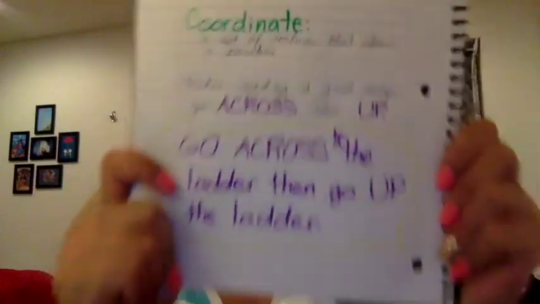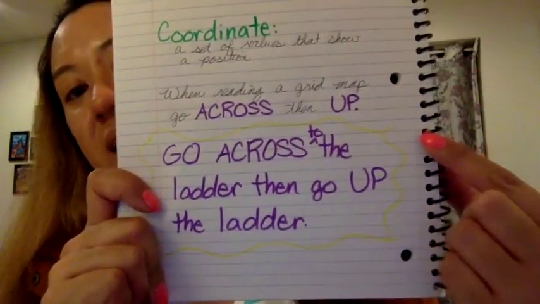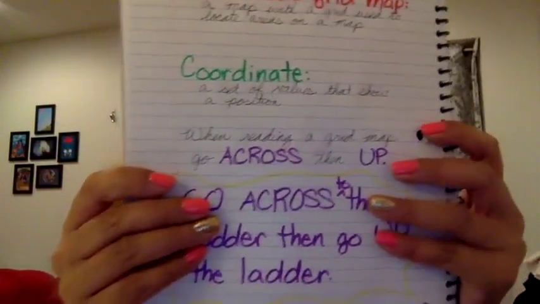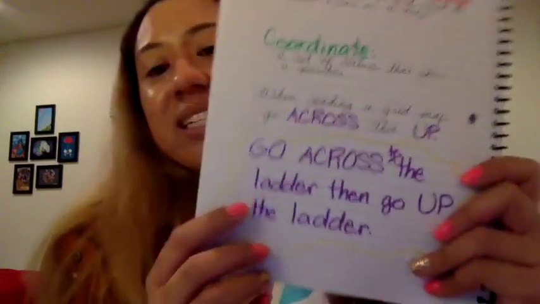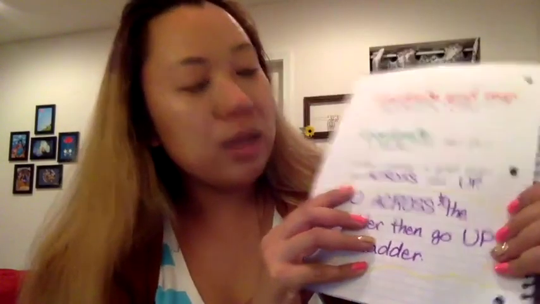And then the last thing I want you guys to do is probably the biggest thing I wrote on this page. And it is telling us that when we are reading a grid map, we have to read which way first, class? That's right, it says across. We need to read across first, then we go up.